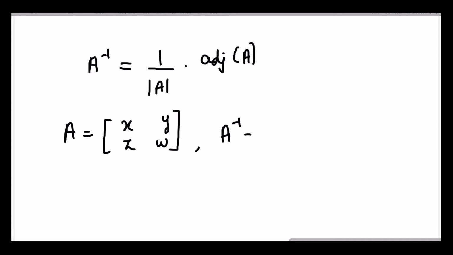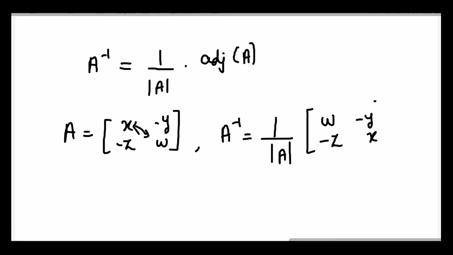So what does the formula say? A inverse is nothing but 1 upon determinant of A into, you simply interchange the diagonal entries, so this will be w and this will be x, and for the non-diagonal entries you put a minus sign. So this will be minus y and minus z. So this is the A inverse matrix for a 2 cross 2 matrix whose entries are x, y, z and w.